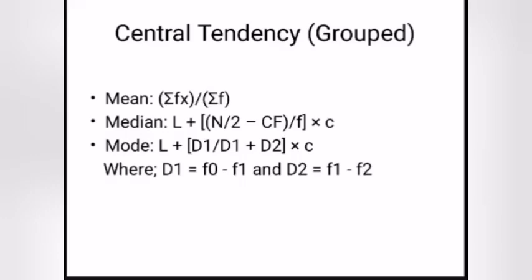Then f1 is the frequency of the modal class, and data 2 is f1 minus f2, where f2 is the frequency after the modal class, and c is still your class width.